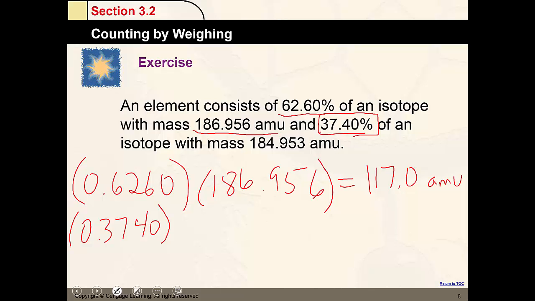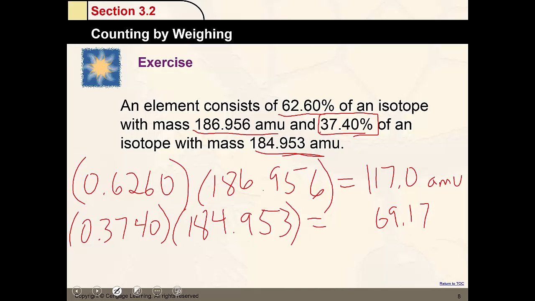So we multiply that percentage by its atomic mass, 184.953, and we get the mass contribution of that isotope with the correct number of sig figs, so 69.17 AMU.